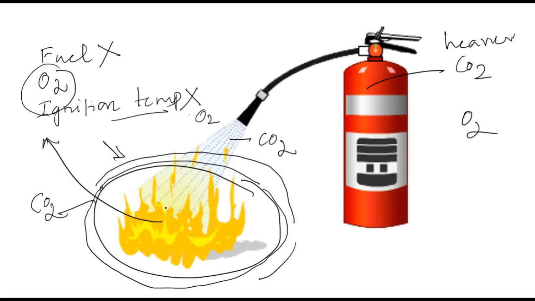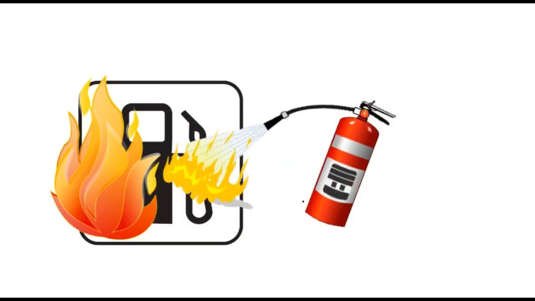So the immediate effect is having no sufficient oxygen down here, and the fire will go off. This should be done whenever there is a requirement of carbon dioxide and where we cannot use water or any other materials to put off the fire.